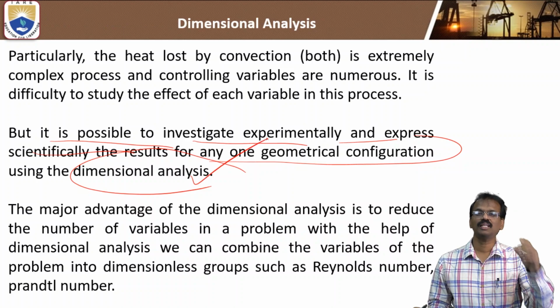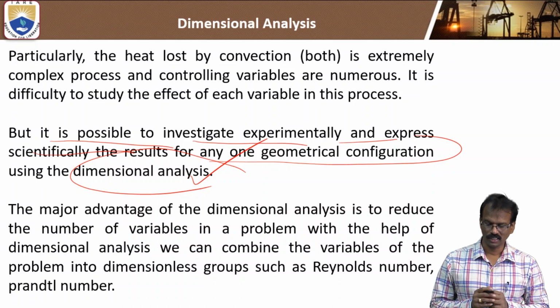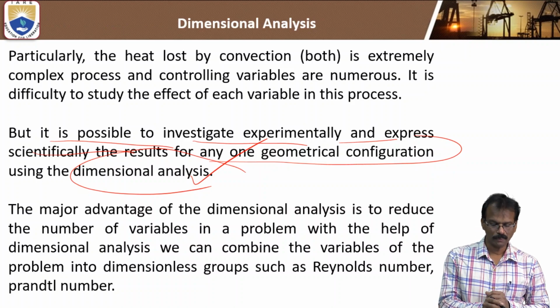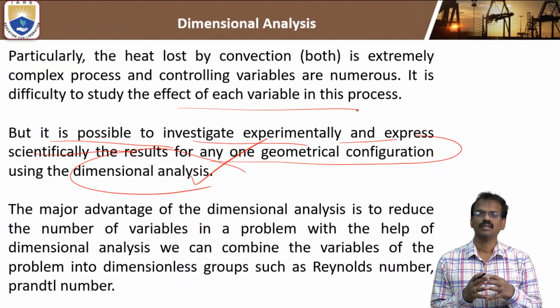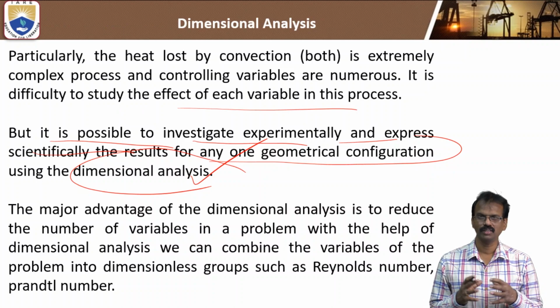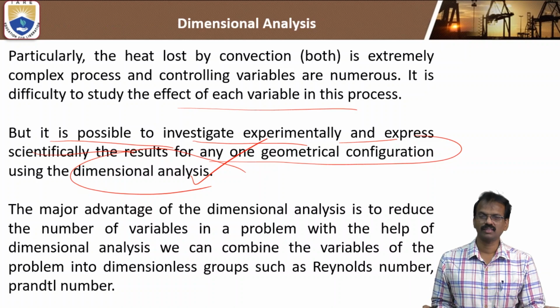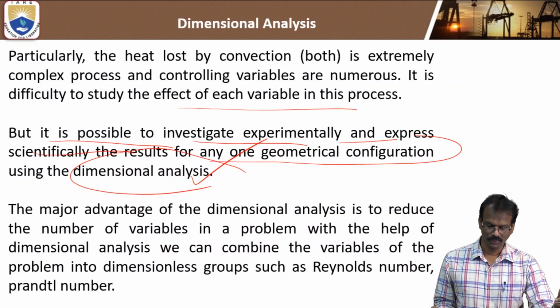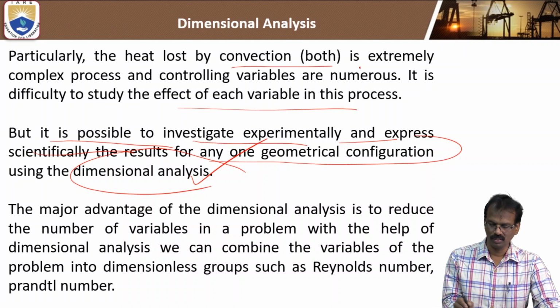By using dimensional analysis, we can study this experimentally and express this scientifically also, because dimensionless analysis converts these properties into some dimensionless numbers. We already discussed the dimensionless numbers: Reynolds number, Prandtl number, Nusselt number, and Grashof number. By using these numbers, we can study the convection process easily.